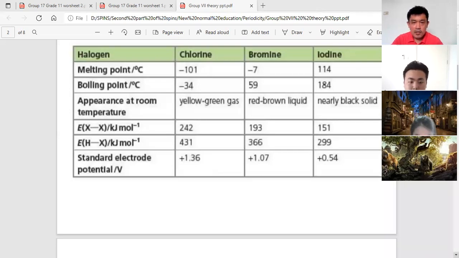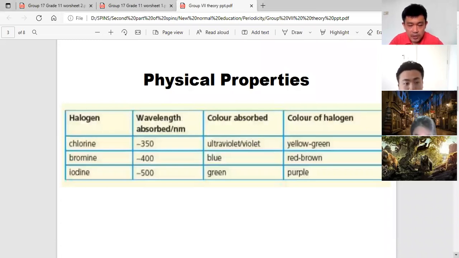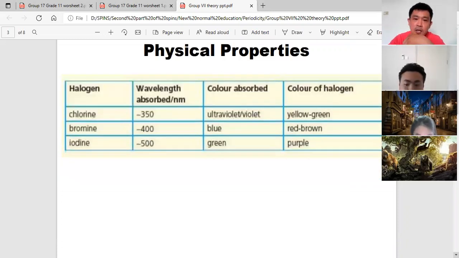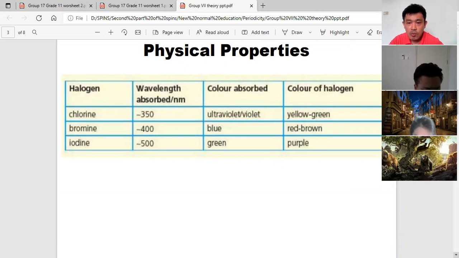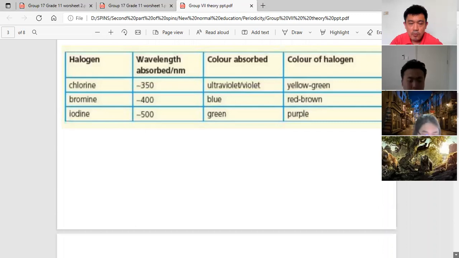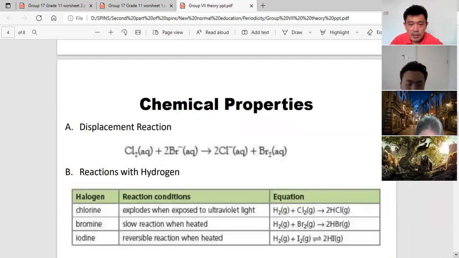Next, the physical properties about absorption. Is there any question? For absorption, we are not learning in detail what equipment is used and how the equipment works. It is not in AS level and also not in A level. What we need to know is the intensity of the color increases down the group.